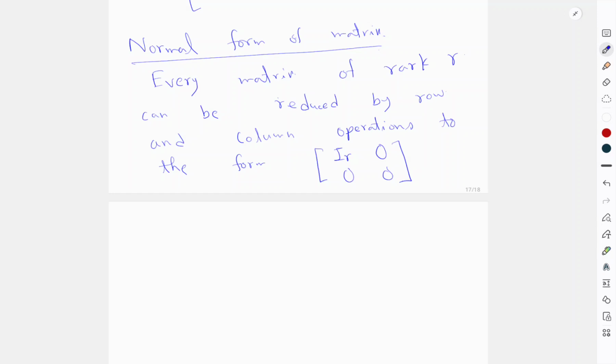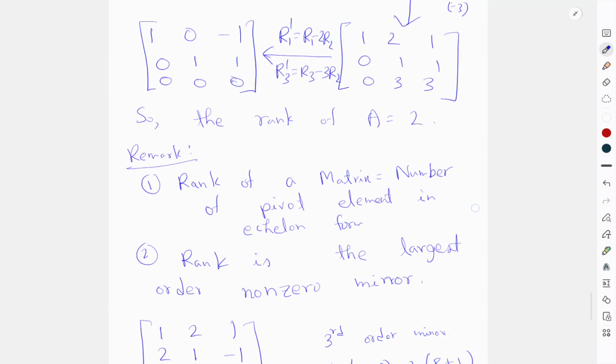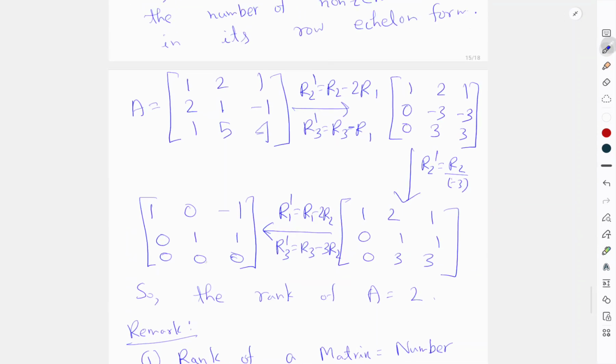You first apply your row operation and then try your column operation, and you will get that form. For example, we have already done one of the problems, and this matrix you can convert into this form. Now how do we convert this into the normal form?